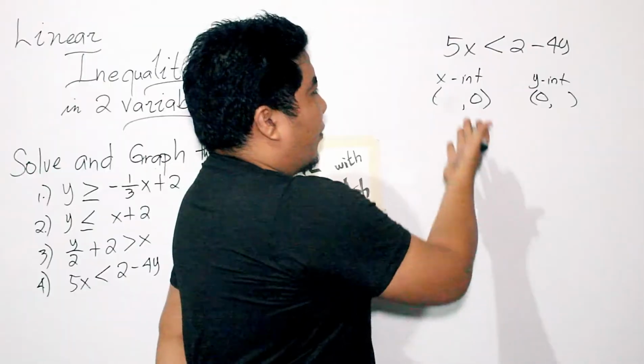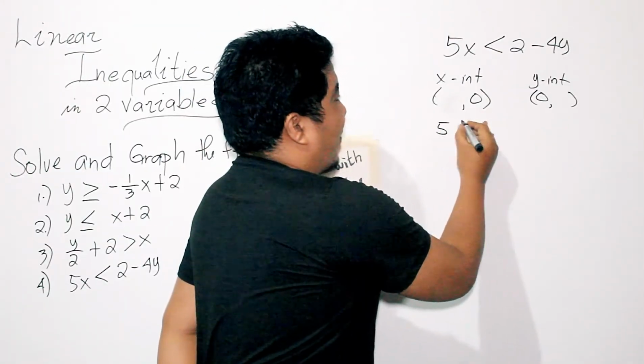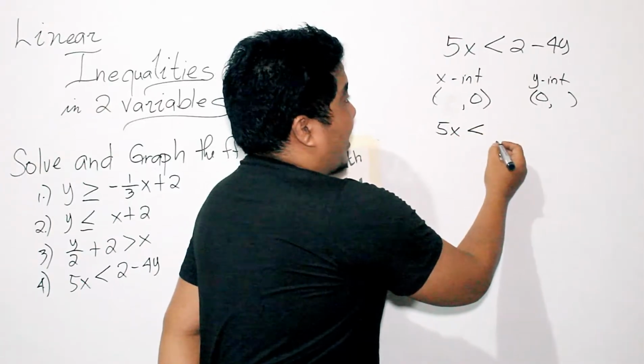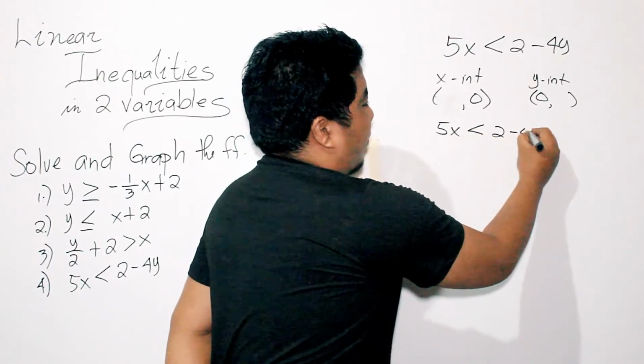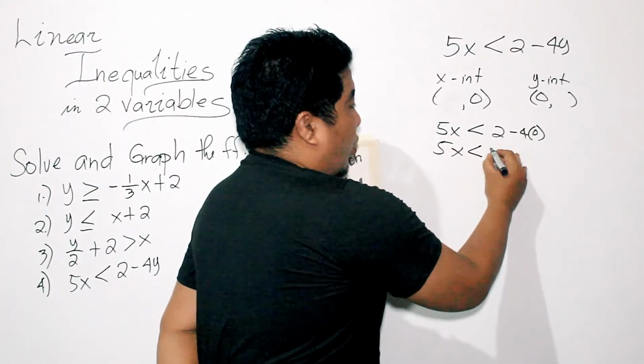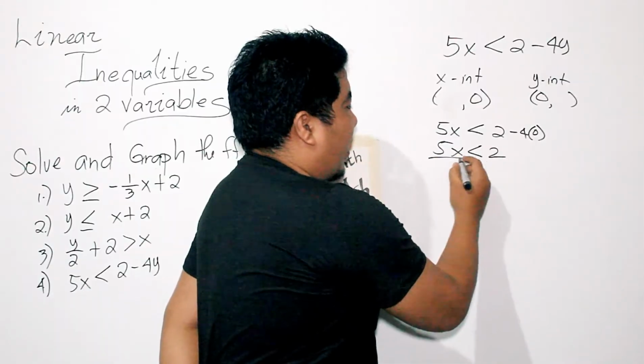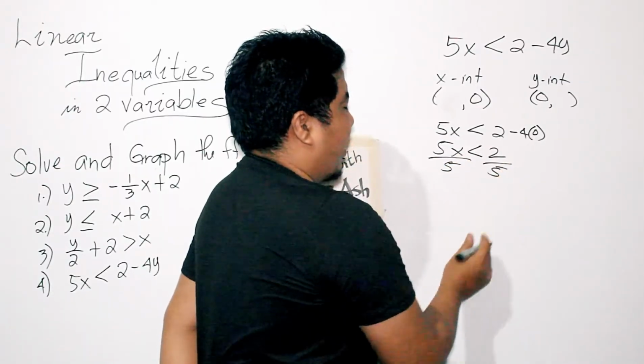Okay, so let's solve first our x-intercept. So that gives us 5x is less than 2 minus 4 times 0. So 5x is less than 2. Alright. So we divide both sides by 5.